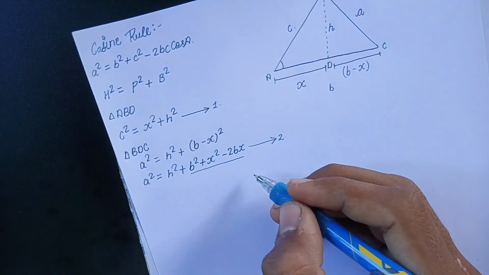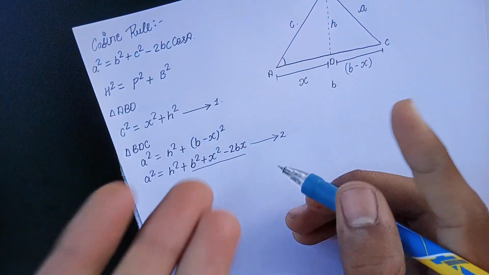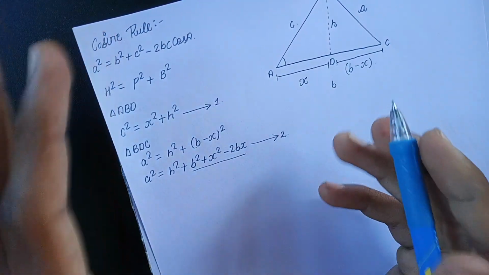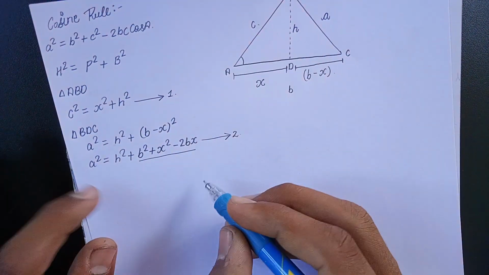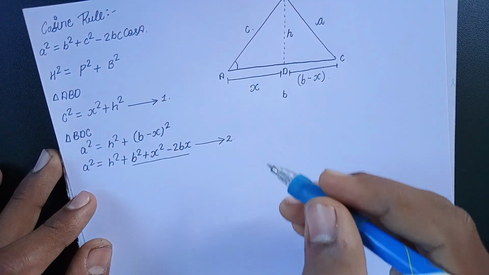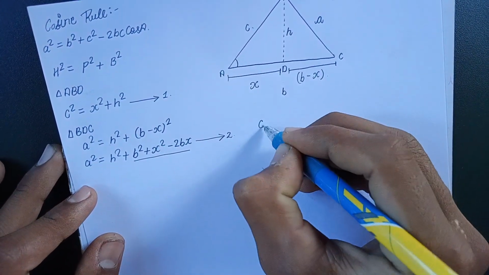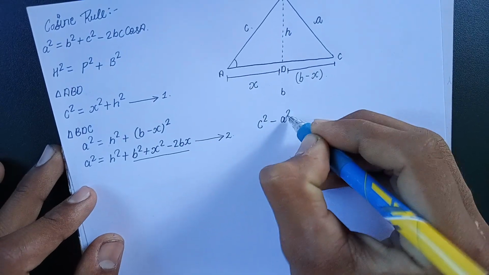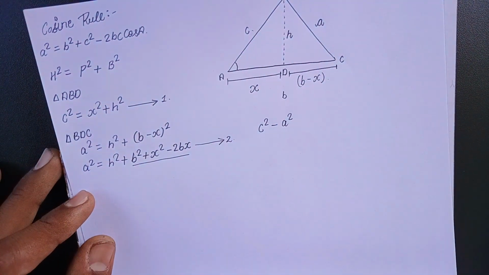Now we can subtract equation number 1 from 2 or 2 from 1, whatever you want. So I'm going to subtract equation number 1 from equation number 2.